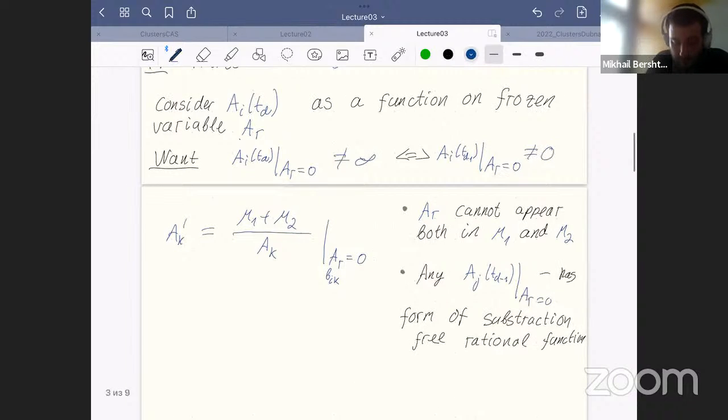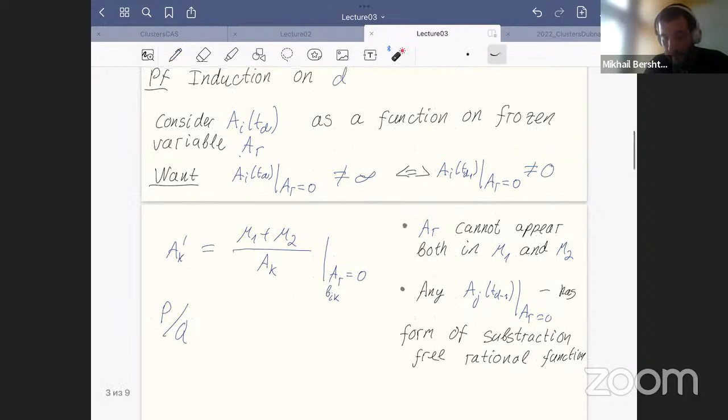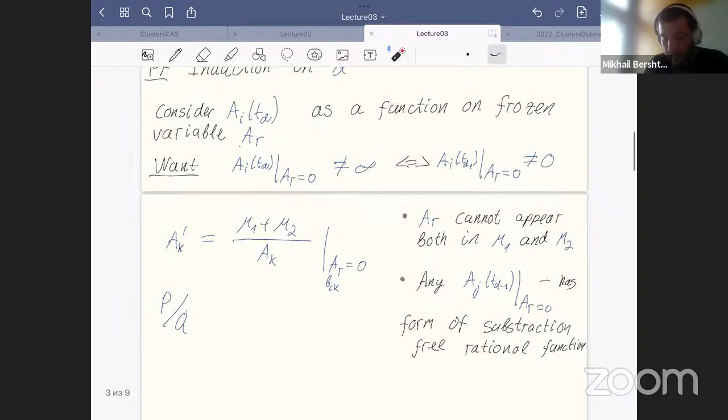So some form like, I don't know, P over Q, where P, Q are polynomials where there's no subtraction, only summation. So this is one more statement which we have to prove by induction.